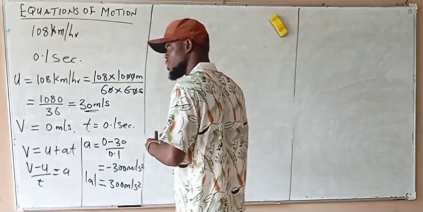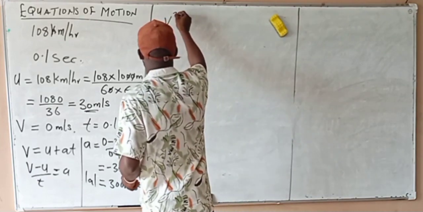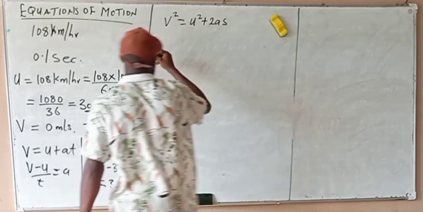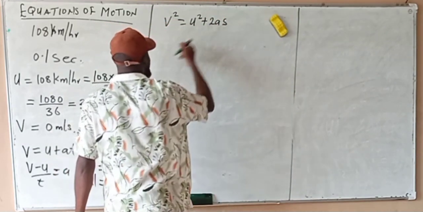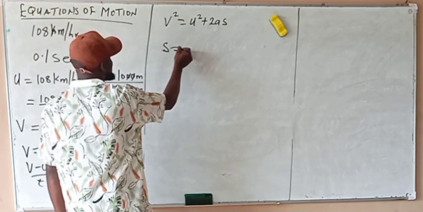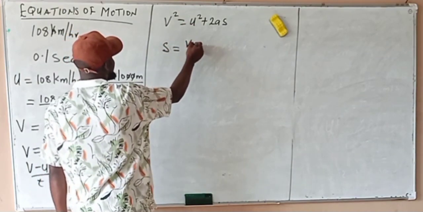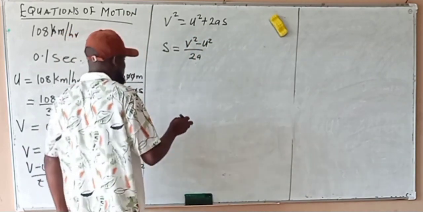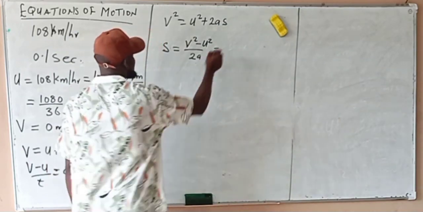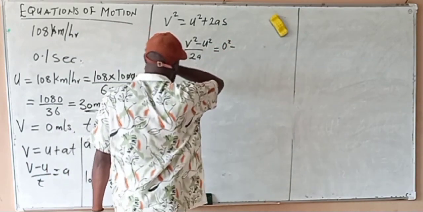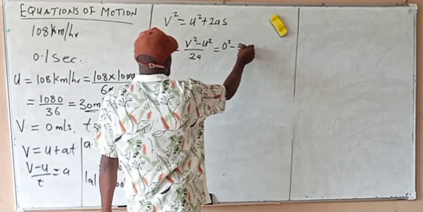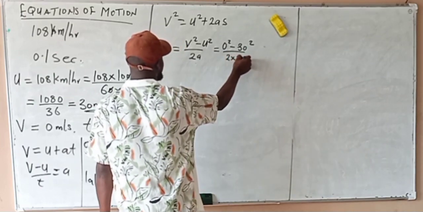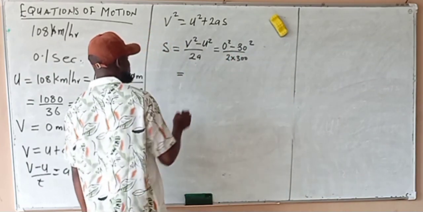So the equation of motion is V squared is equal to U squared plus 2aS. Then our distance S will be equal to V squared minus U squared over 2a. This will be equal to 0 squared minus 30 squared over 2 times minus 300.